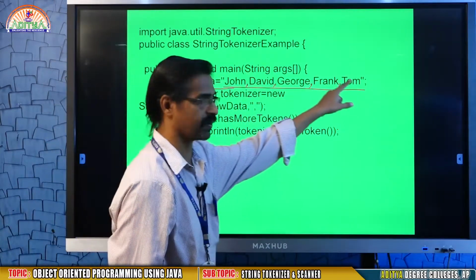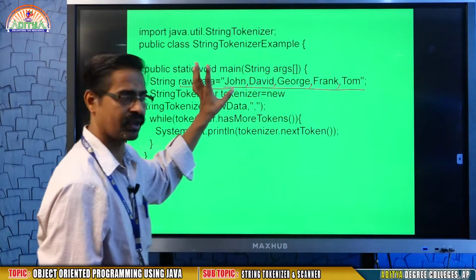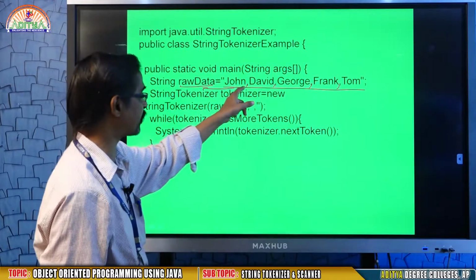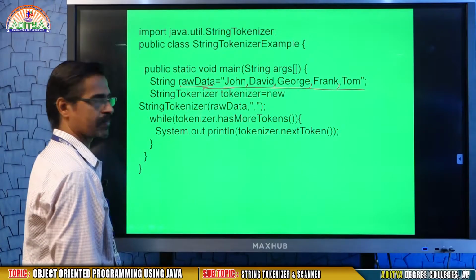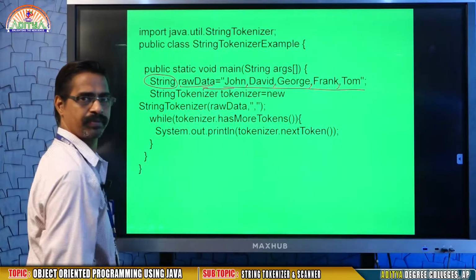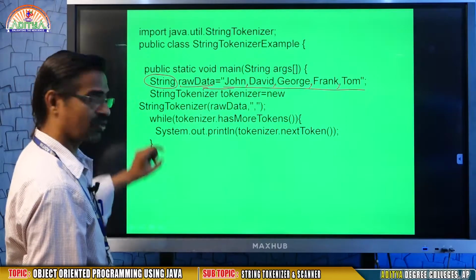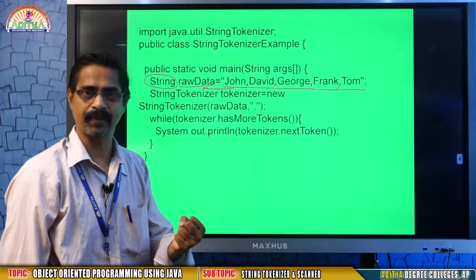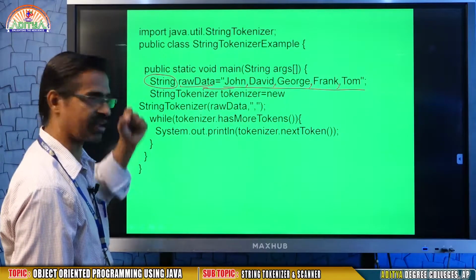No doubt it is a string, and inside the string there are substrings, all separated with commas. What is the type of raw data? That is String type. String is a predefined class. There is no direct data type to hold strings, that's why we use the predefined String class.